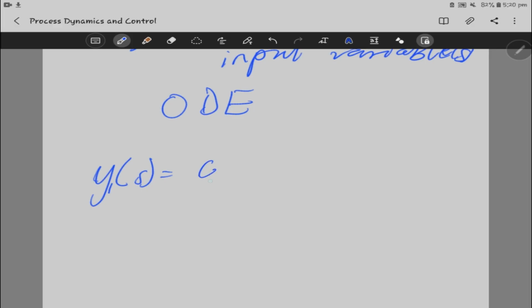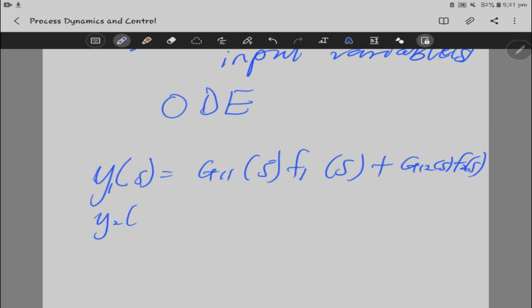So let's see something like this, and we have this one, two s. We have another one like this. It's kind of like equation two, where we have this one, two s.